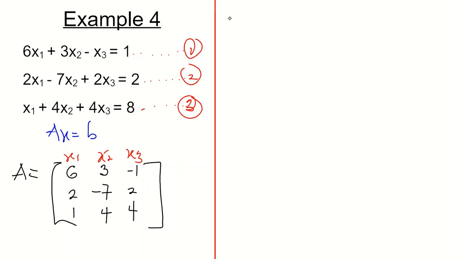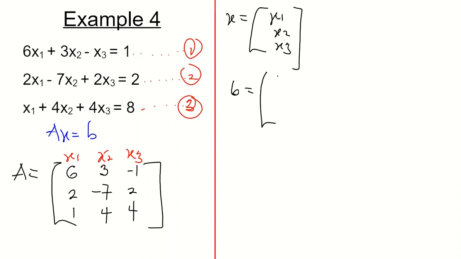And so we can also write the matrix for the variables. That is, we have x1, x2, x3. And then also the matrix of the constants. And so we have B to be equal to 1, 2, 3.